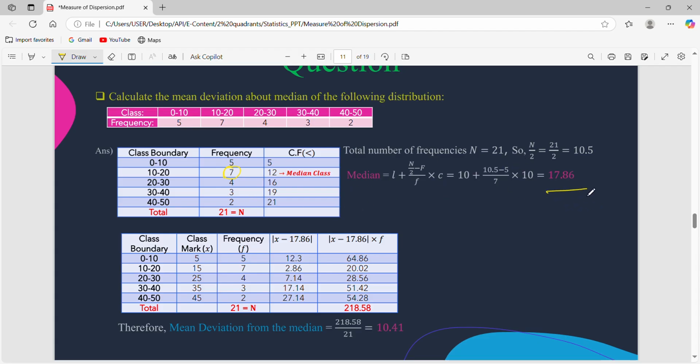We got 17.86. According to the formula, the summation of |xi minus a|, since here it is the median, a equals 17.86, times f divided by the sum of frequency. Here f means the corresponding frequency, and the sum of frequency. So we will find 10.41.